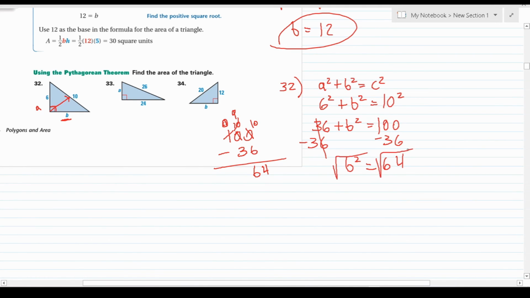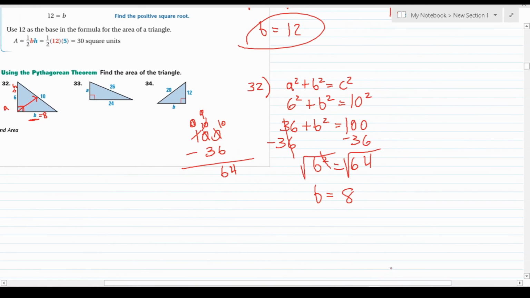Take the square root of both sides. This crosses out, leaving you with b equals the square root of 64, which is 8. So we know the base is 8, and the height is 6. So let's go ahead and plug those things into the area formula. Again, area equals 1/2 base times height. Base is 8, height is 6.